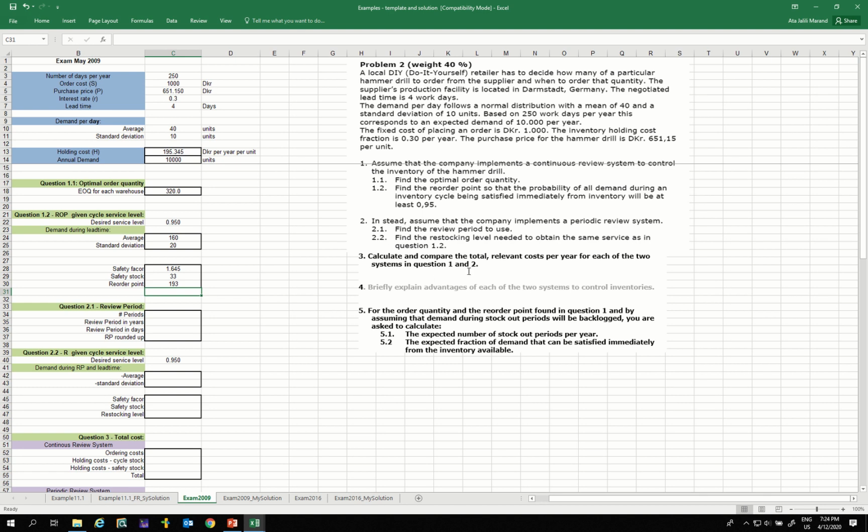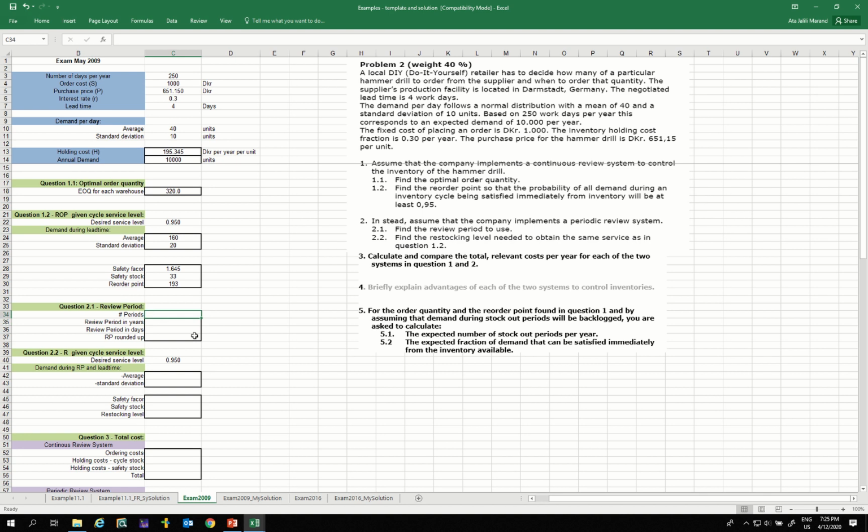Question 2. Now we assume that a periodic review system is implemented, and we want to first find the review period to use and then find the restocking level to obtain the same service as question 1 part 2.